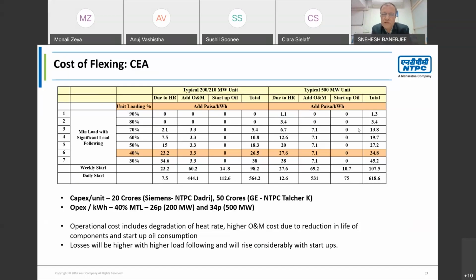It may be 4 to 5 paisa per unit. With respect to operational cost, of course, 40% minimum loading operation can have implications of 26 to 34 paisa based on capacity. Say if it is 200 megawatt, it is 26 paisa; for 500 megawatt, it is 34 paisa. That type of opex will be required as per the CEA report, and it is our finding as well.